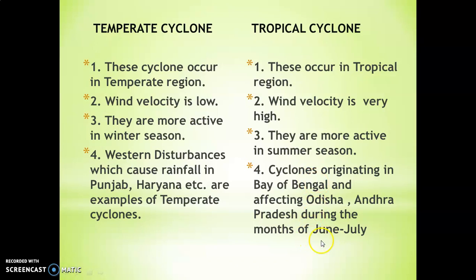Sometimes these cyclones occur in the month of June, July also, but this is again an unpredictable situation. So again you have to revise all 4 seasons before going to learn temperate and tropical cyclone.